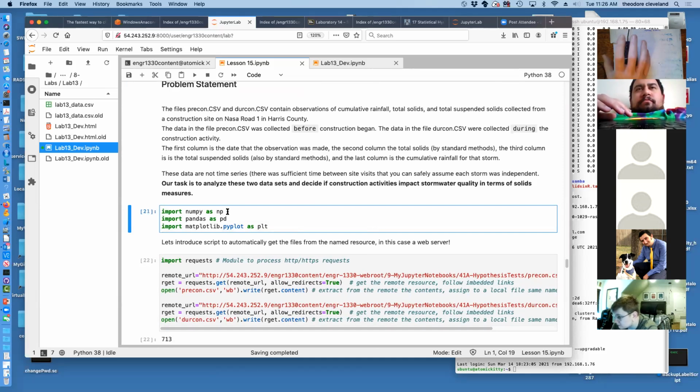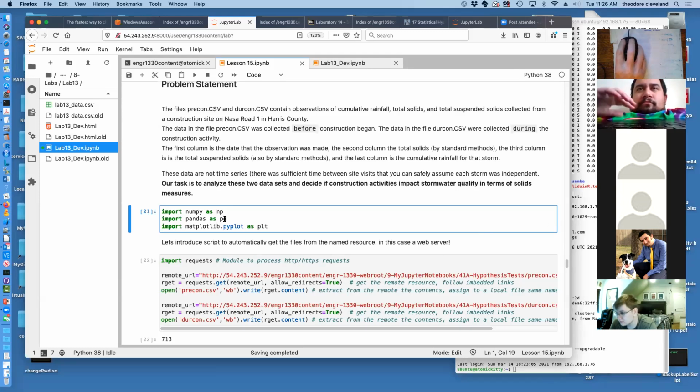What does NumPy do? Seriously, people, you've been using it for the better part of a month. What's NumPy? I'm going to look on the chat. A library for arrays.